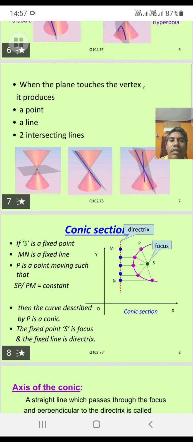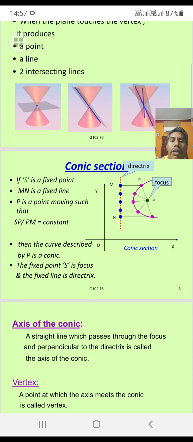Based on eccentricity, we classify them here as parabola, ellipse and hyperbola.